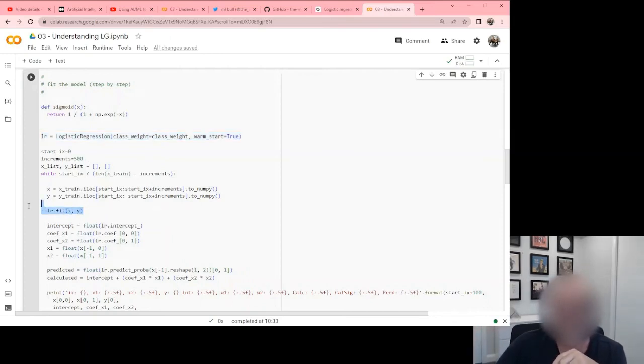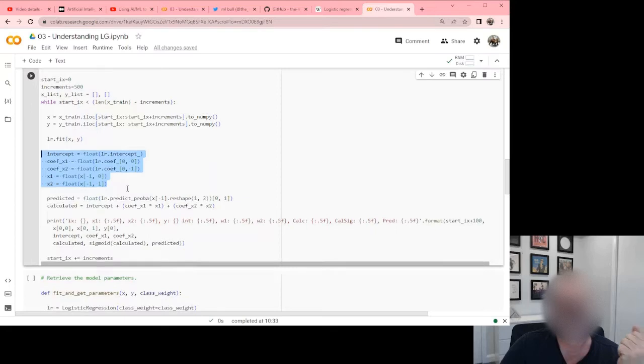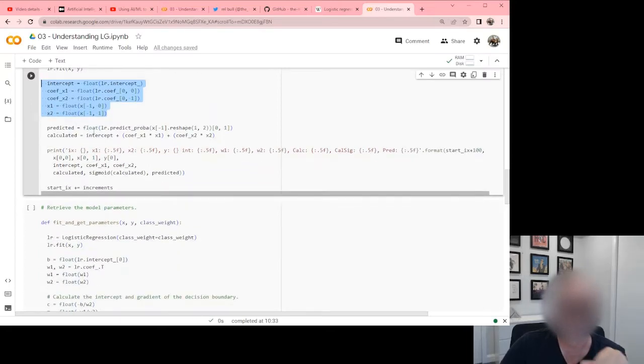We're going to fit our logistic regression algorithm, and then we're going to calculate the lines that it produces, the intercept, the coefficients, etc., what the feature values are. And what we're hoping to do is calculate the probability ourselves using the formula that we just looked at, which is this coefficient or weight times the feature values plus the intercept, because if you remember there's an intercept.